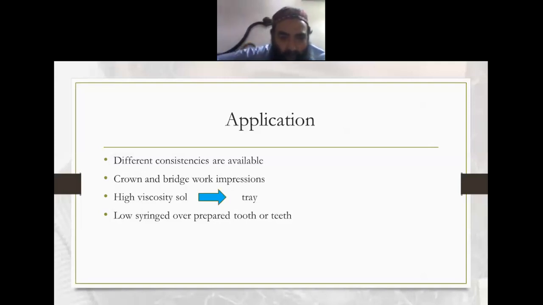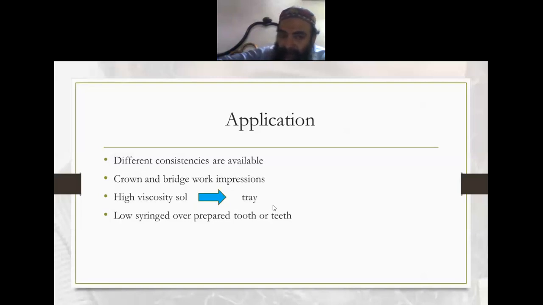High viscosity sol is loaded into the tray. This arrow means poured or loaded into the tray, and low viscosity is syringed over the prepared tooth or teeth, like we have done in the copper ring technique.